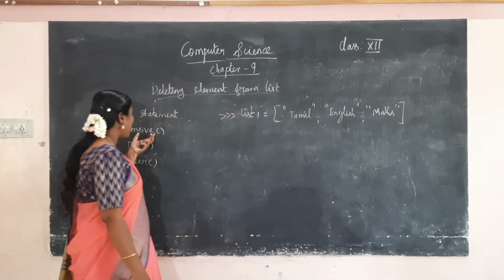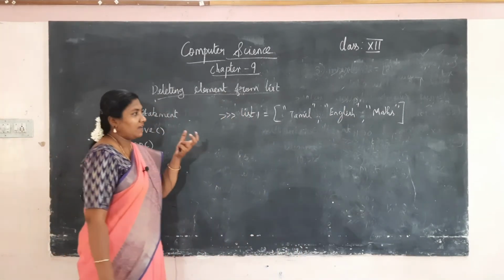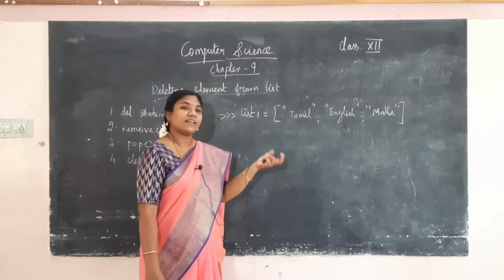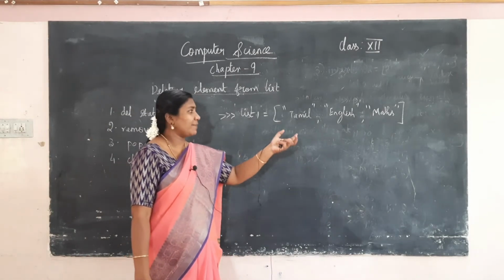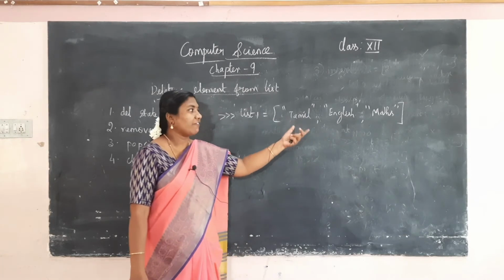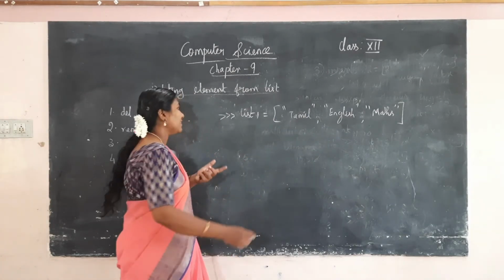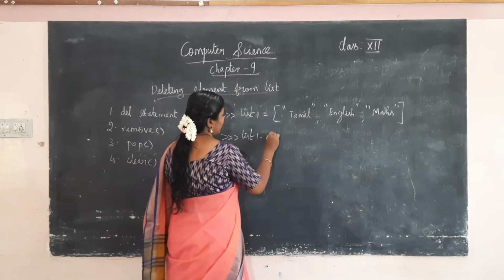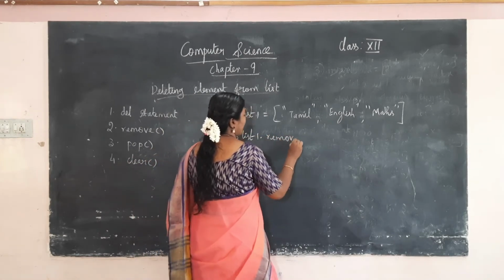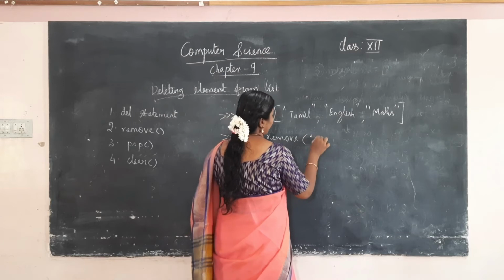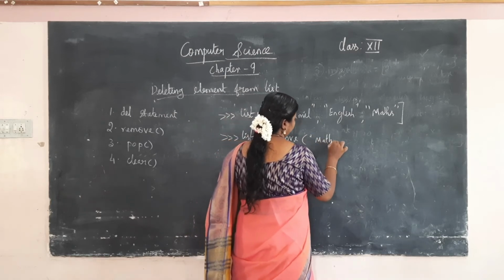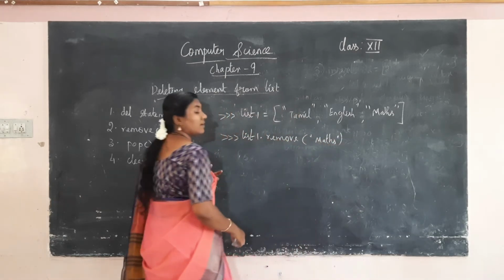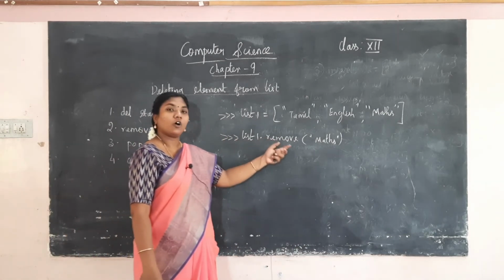Suppose I am going to delete a particular element. If I want to delete Maths, let me have only 2 languages, then my statement will be list 1 dot remove, and in the bracket I will give Maths. Clear? So list 1 dot remove Maths.